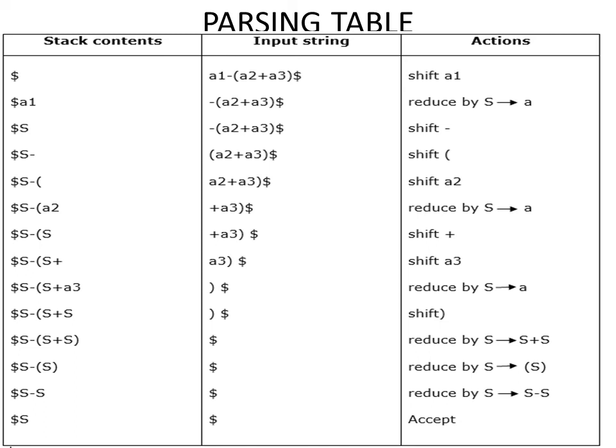Like this, one by one the symbols are processed by performing shift and reduce actions. Finally we will get capital S. According to the grammar, S plus S can be replaced with S, and S minus S can also be replaced with capital S. So finally we obtain capital S in the stack, and the input string will be dollar.